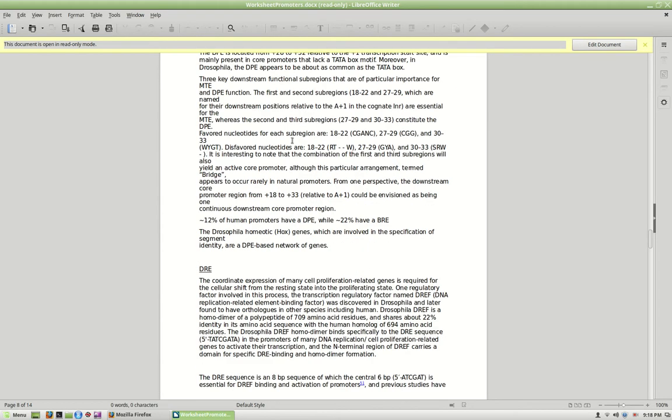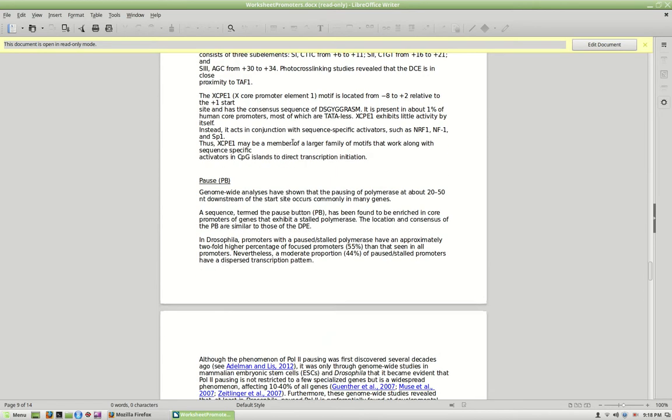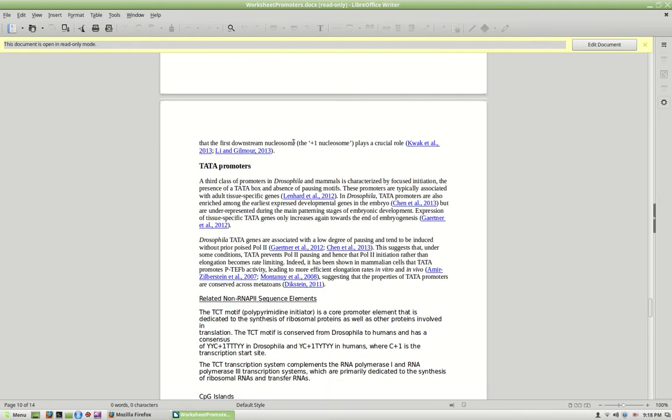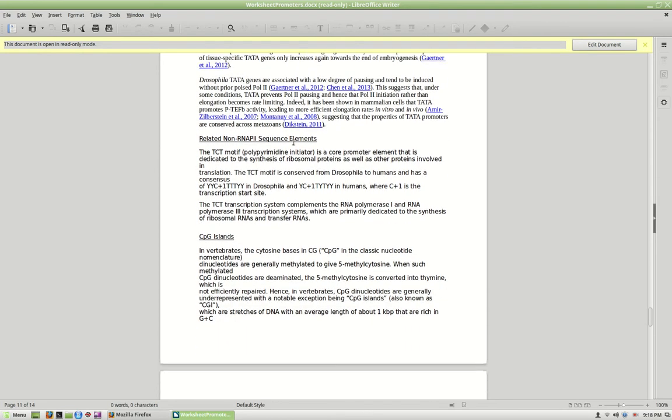So you'll search for these sequences in this paper. It's a little long, but if you read through it, it shouldn't be a hard exercise.